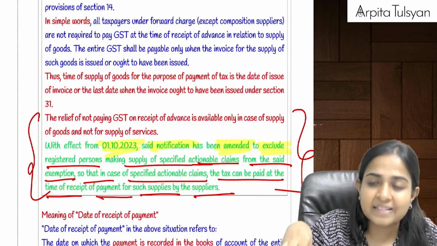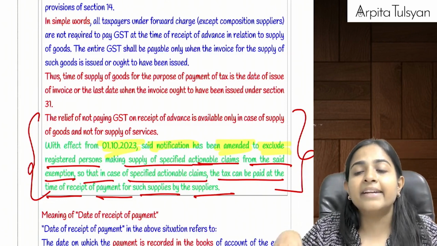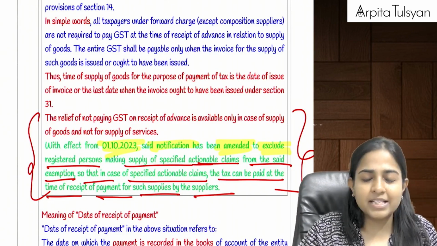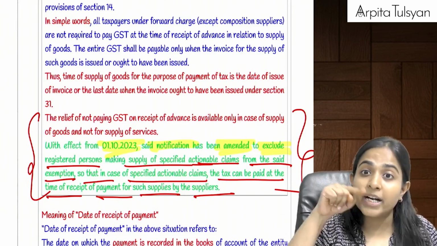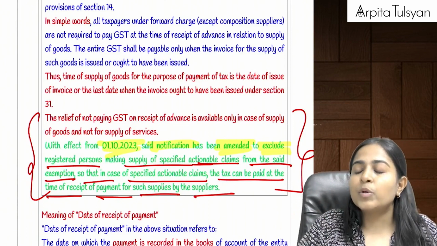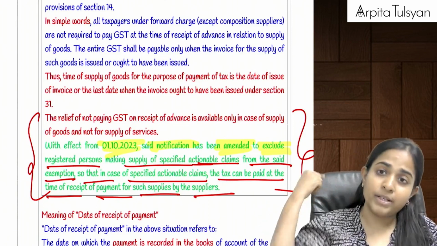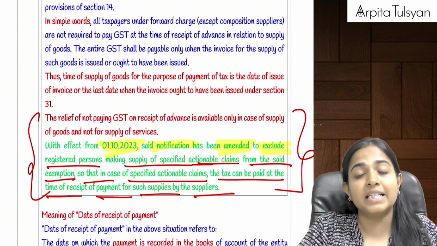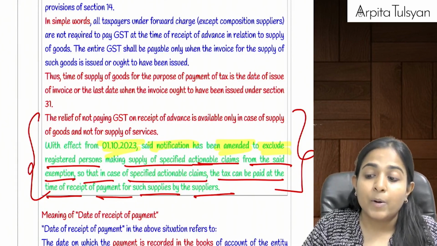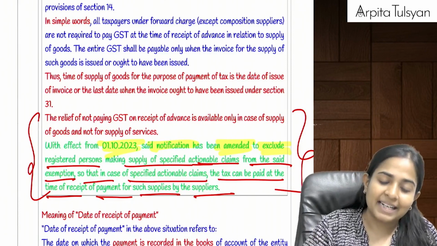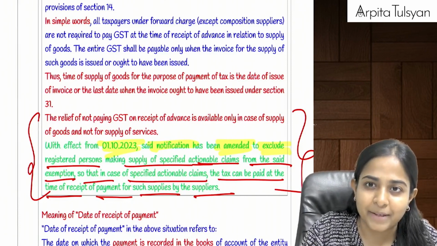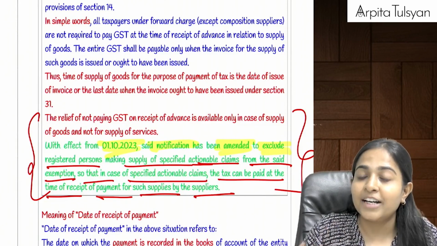If there is a registered person, can we say that was coming under the purview of GST? And actionable claims was included in goods, right? So in such a case, if that person receives any advance money, then GST will be payable to the government at the time of receipt of advance money. Normally what did we study?